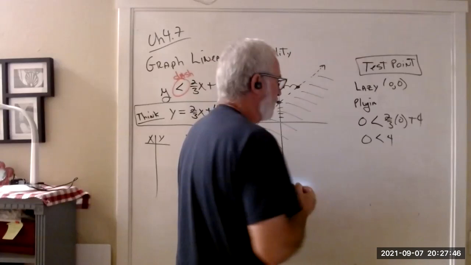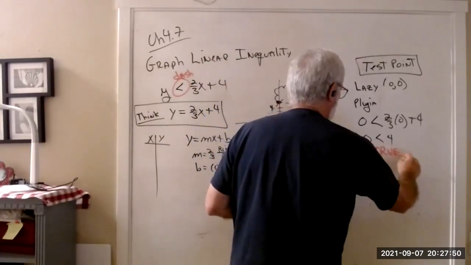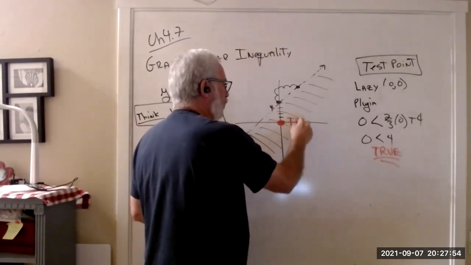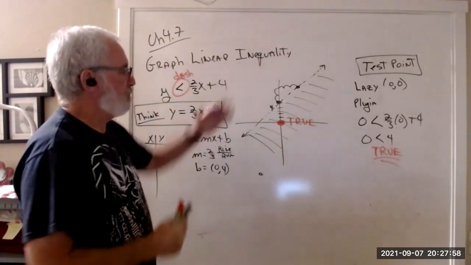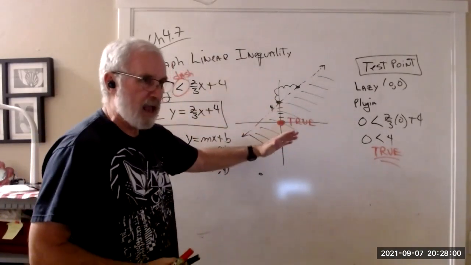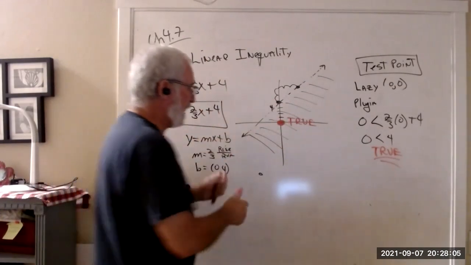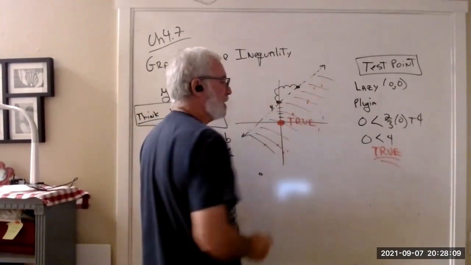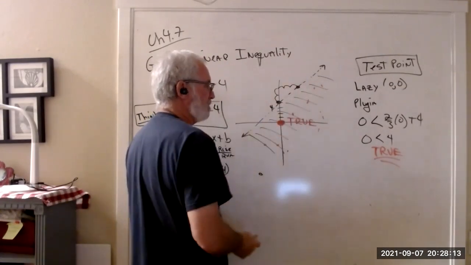So check this out. That is true. My test point was true. It was below the line and true. That implies any point I would have picked below the line would have been true. That's why I shaded it.